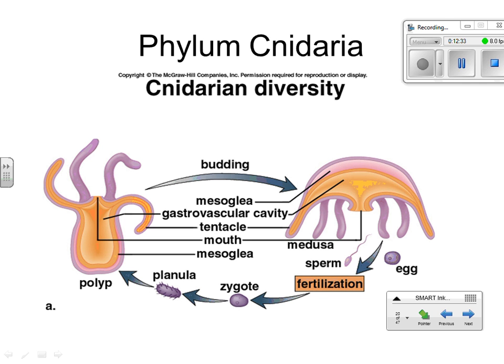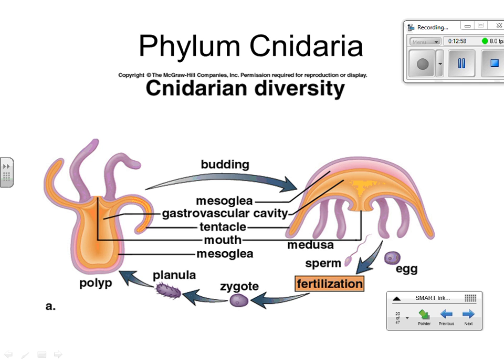So that big cavity acts like their stomach and like their blood vessels, essentially. They don't have blood, but when they eat, there's really only one opening. The mouth is the anus, which is the mouth. So food comes in, it comes into this cavity, it gets digested.